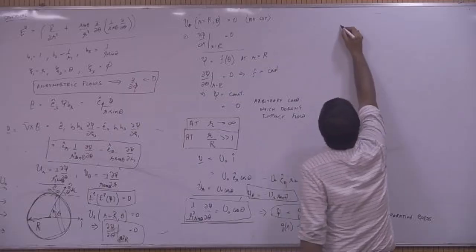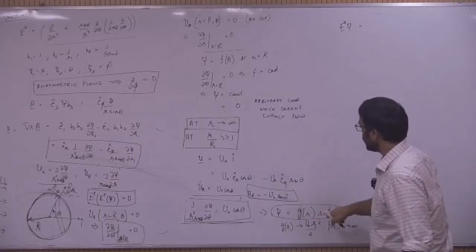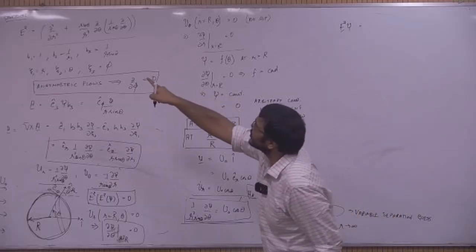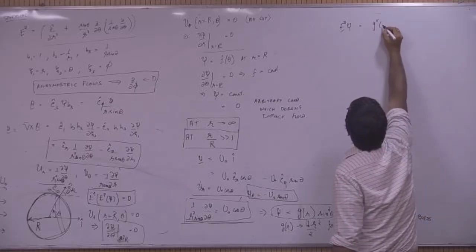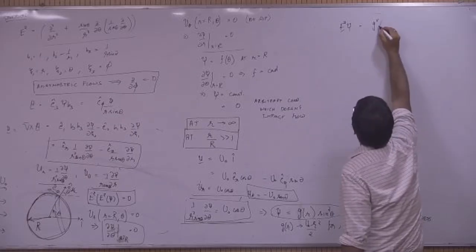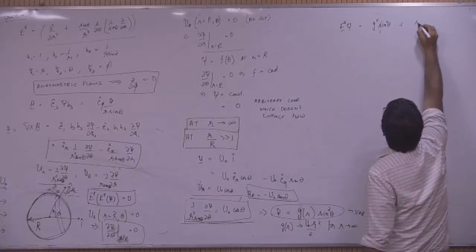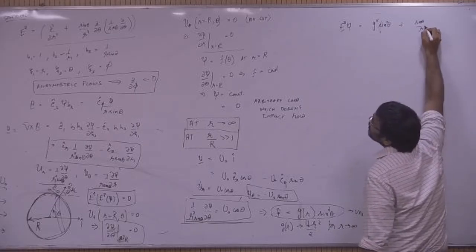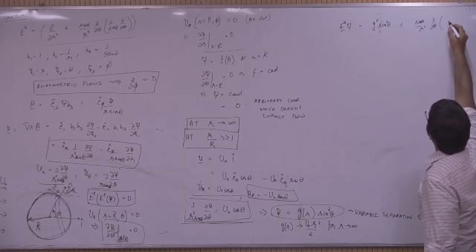So let us calculate what will be E2 of psi when psi is g of r sine square theta. So it will be g double prime times sine square theta plus sine theta over r square del by del theta of 1 by sine theta.